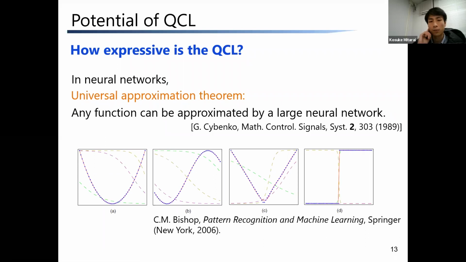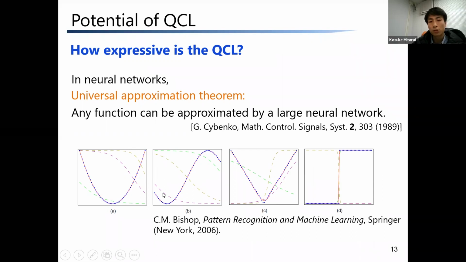I just put a picture from the textbook where this universality is shown for the neural network. It can approximate an x squared function, a sine function, an absolute value of x, and a step function too.